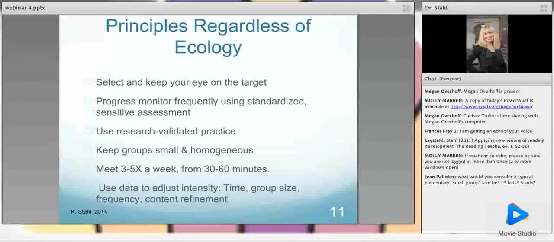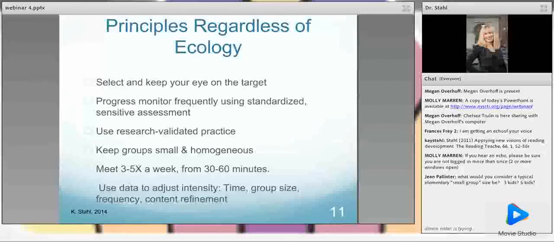I'm seeing a question about group size. I would say that ideally a group size for Tier 2 should be 4 to 6. I know that in this Common Core era and some of the efforts to stretch our program, those group sizes may be stretched to as large as 6 to 8.